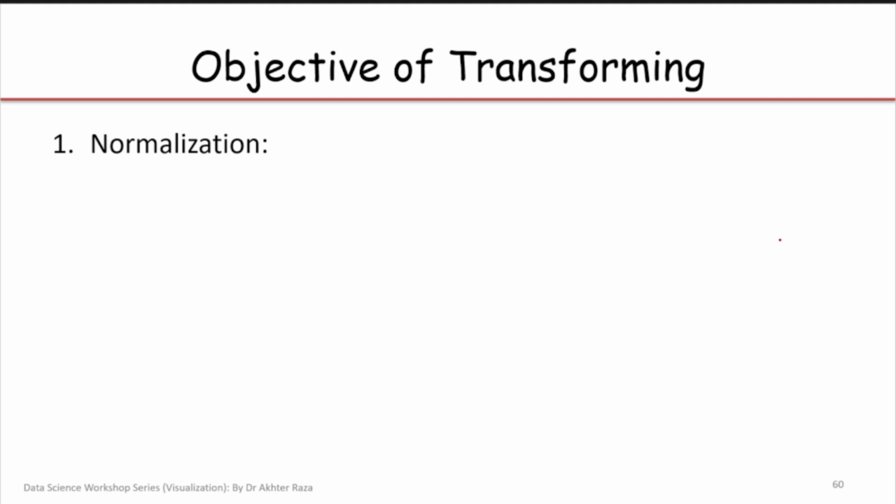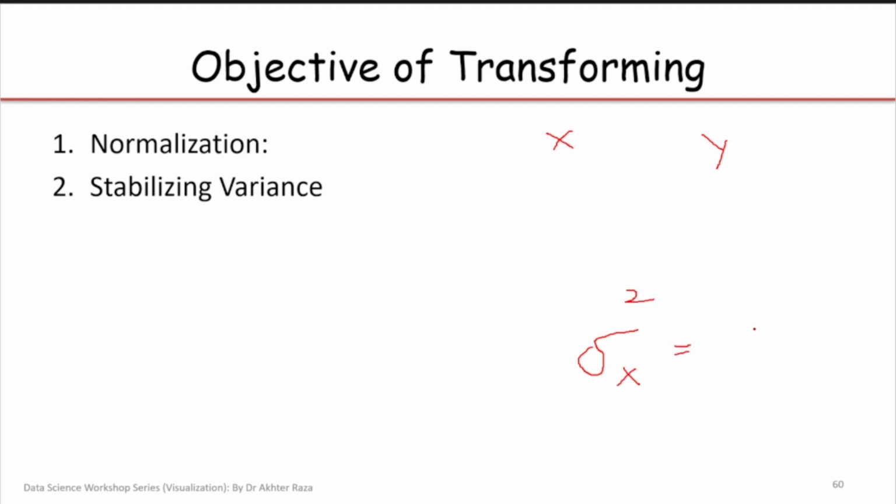The second important thing is stabilizing the variances. If the variances of the variables are not the same, suppose I have a variable x and another variable y, some of the statistical procedures have the assumption that the variance of x and the variance of y should be the same.